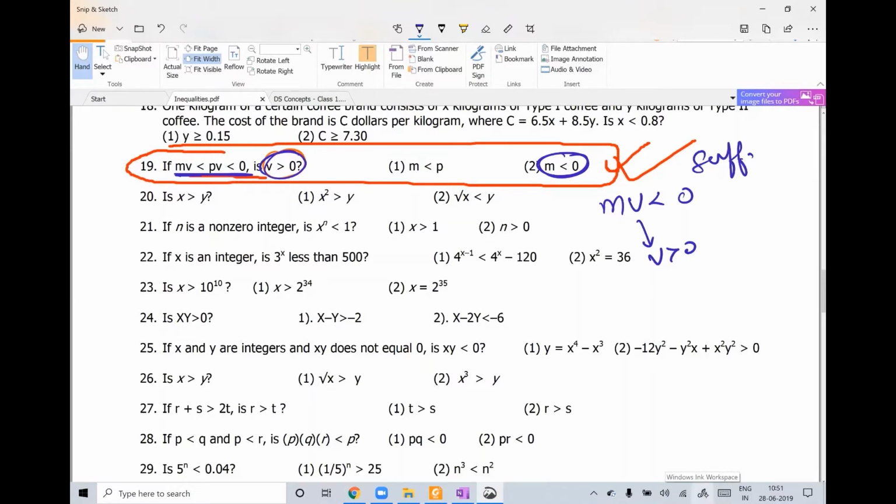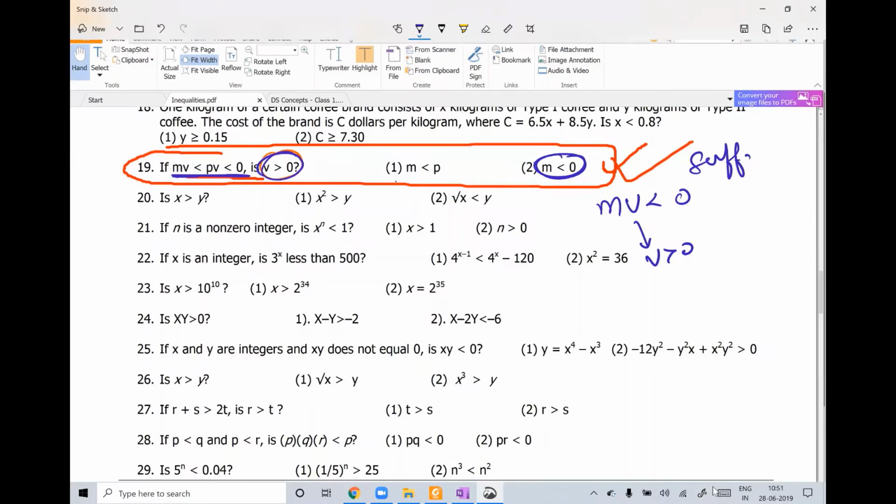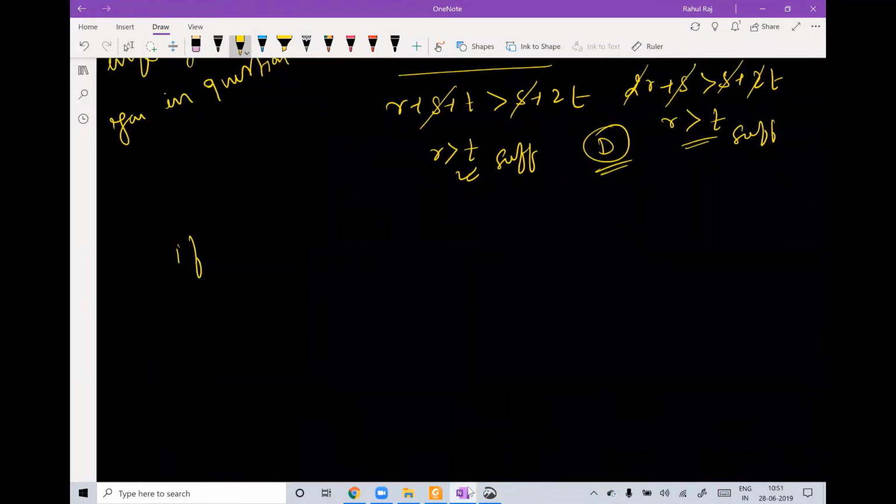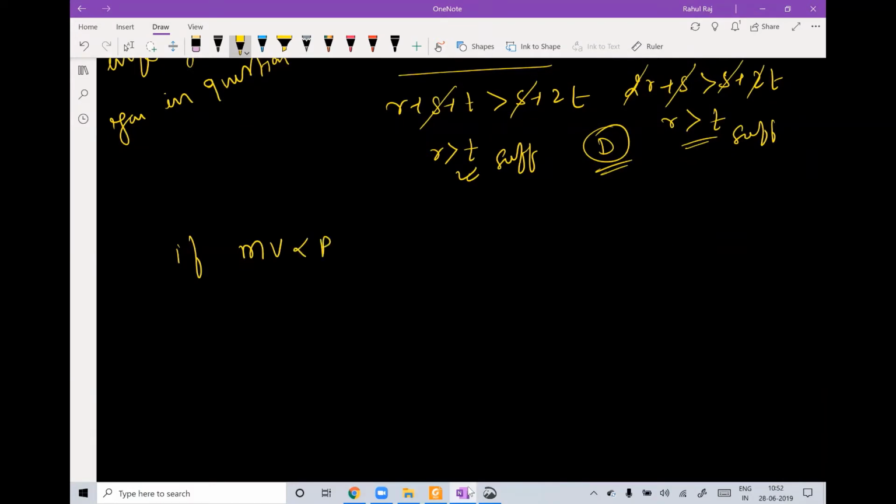Clear? Now think about the statement number one. Please take your time. Think. So see, this says MV is less than PV is less than zero.